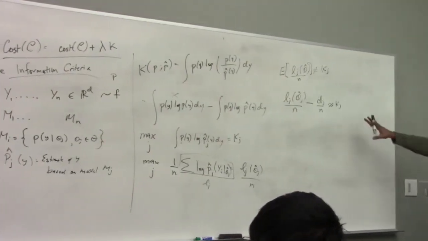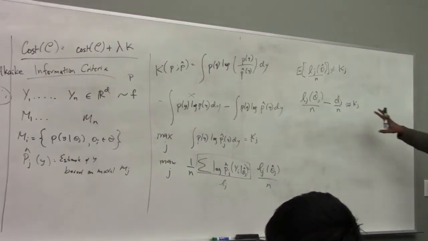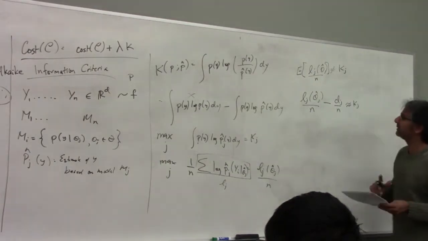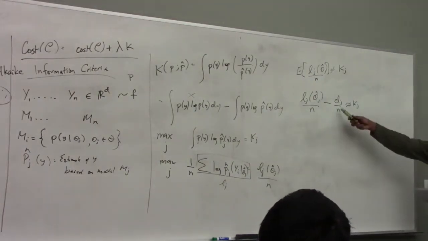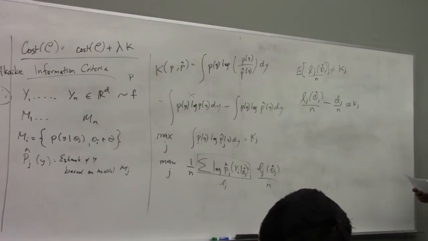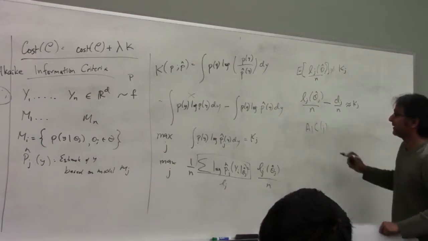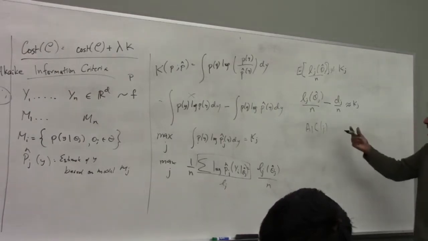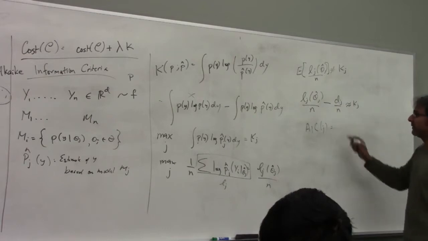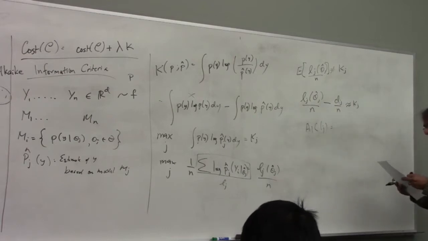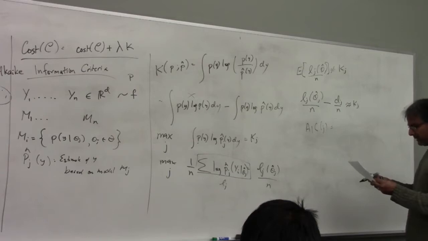So you have this estimate which claims to capture this quantity, and now we'll define the AIC criterion for model J. So the number for a particular model J is equal to this, scaled. For some reason, we like to multiply it by 2n. Don't ask me why. There's a factor 2 floating around somewhere.